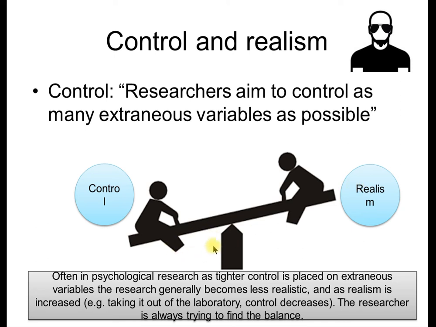This becomes a balancing act where the researcher is trying to find a happy medium where he can say, yes, I've controlled most of the extraneous variables and reduced the possibility of confounding ones, but realistically, if I clamp down any more, it will affect my ability to generalize, and it will lack even more mundane realism. So it is this balancing act between control and realism.